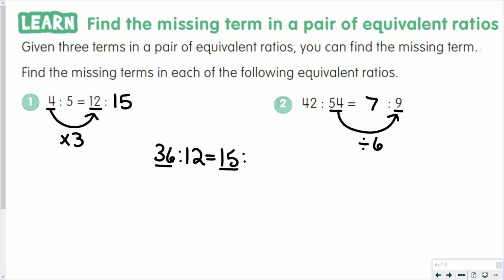So our solution here would be to simplify 36 to 12, and we can divide both of those by 12, and we get the ratio of 3 to 1. Well, we can take 3 times 5 to get 15, so we would take 1 times 5 to get 5. So look for that in some of the problems that you have to do that you might have to simplify before being able to convert.